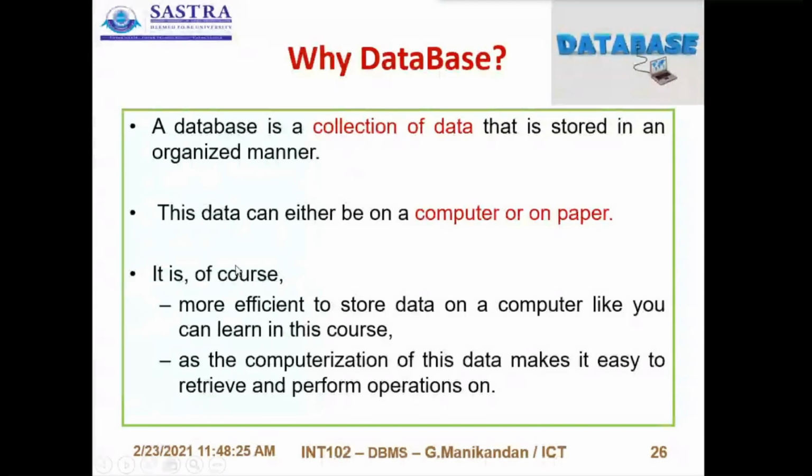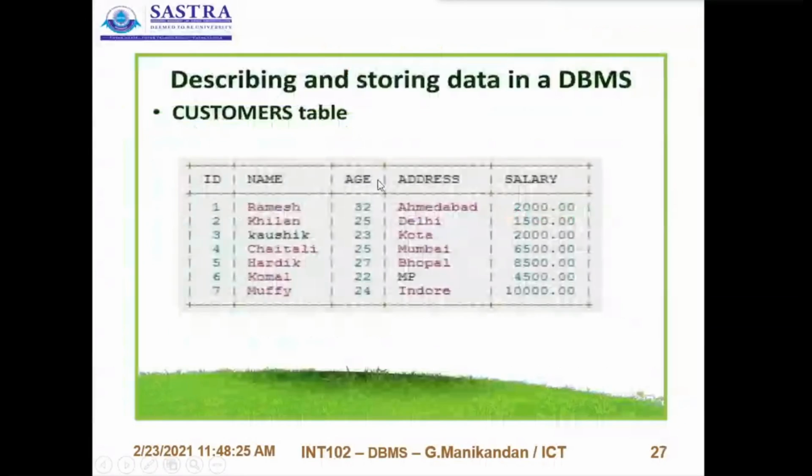This is one example of a customer database. The name of the table is customer. What information is stored as part of this customer table for each and every customer? To identify each customer uniquely, I am using the field called ID.